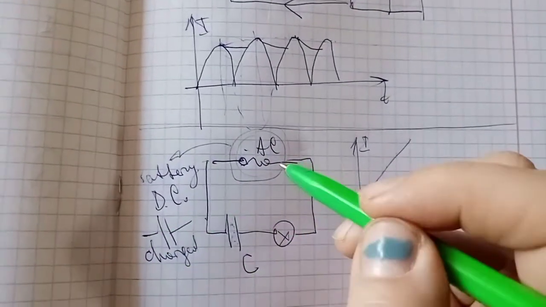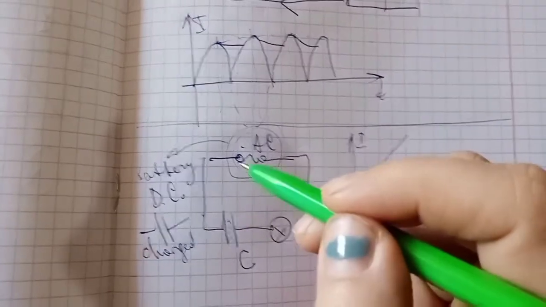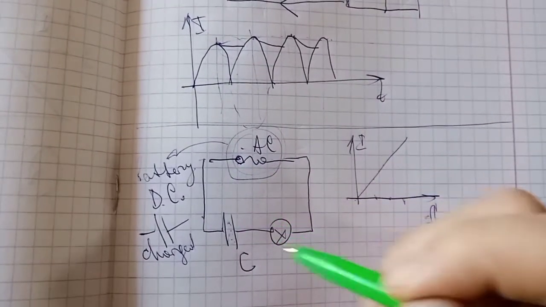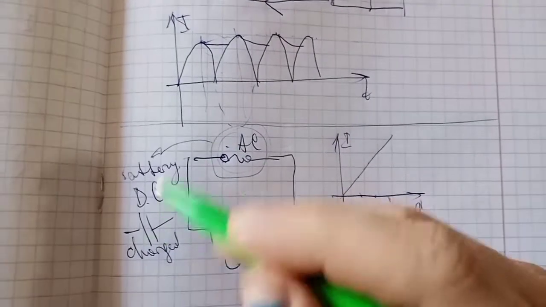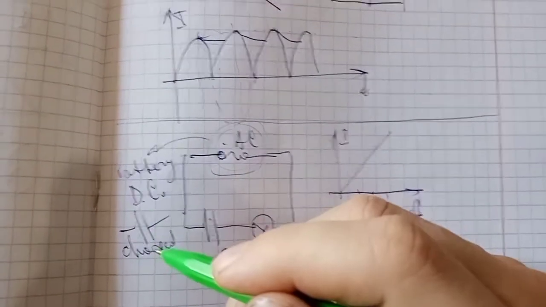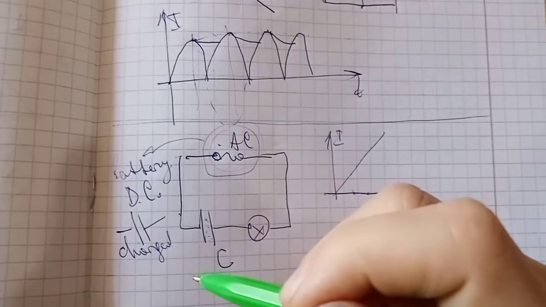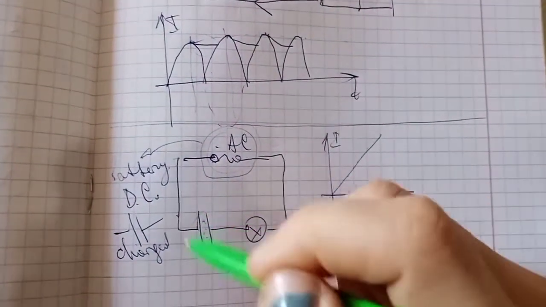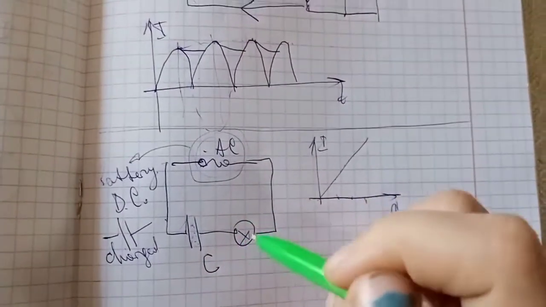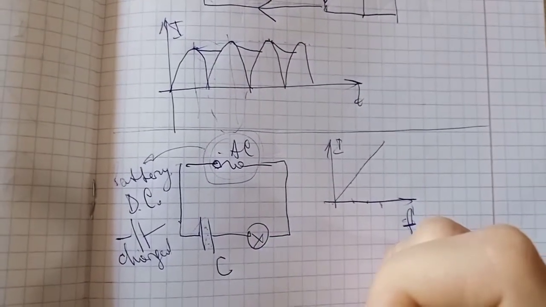This capacitor will discharge and the current will flow through the lamp, and it will work during the discharging time of this capacitor, or during the charging time of this capacitor. It will be bright.